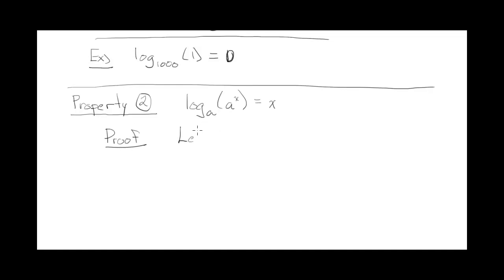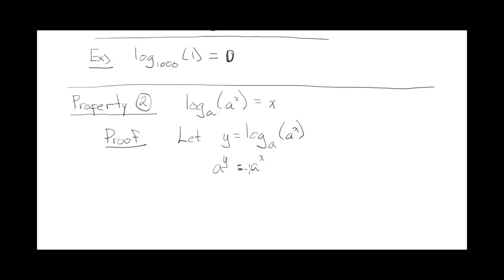And to see why this one's true, again, we'll just take the left side here. So we'll just say let the left side be equal to, let's say, y, and we're just going to show that y has to be equal to x. Then write this in exponential form. So this would be a to the power of y is equal to the input of the logarithm, which is just a to the x.